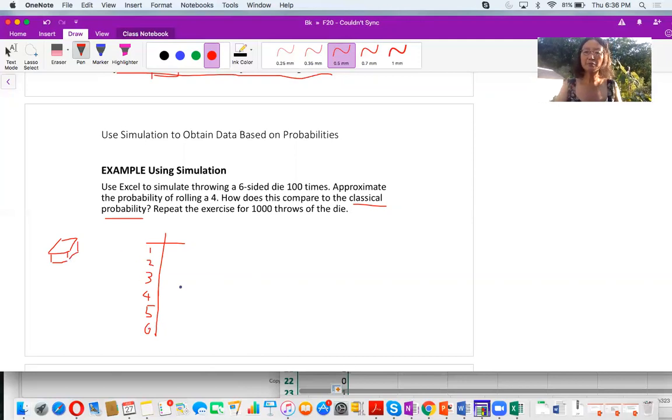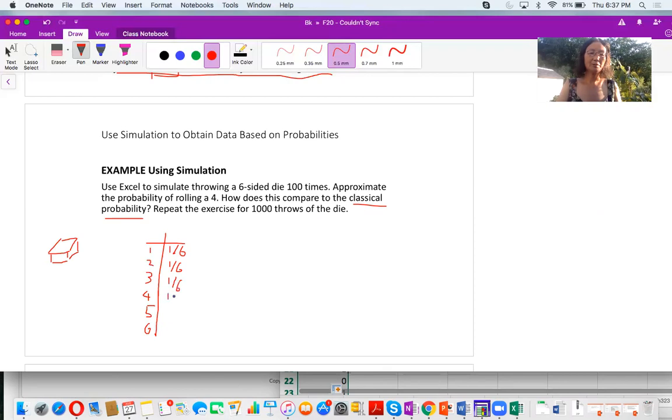So what is the probability of, say, number 1? When you throw a die, you see number 1 on the top. What is that probability? 1 over 6. That is the classical method. Similarly, the probability of seeing number 2 on the top is 1 over 6, because there is only one number 2 on the die. And the probability of seeing number 3 is 1 over 6.